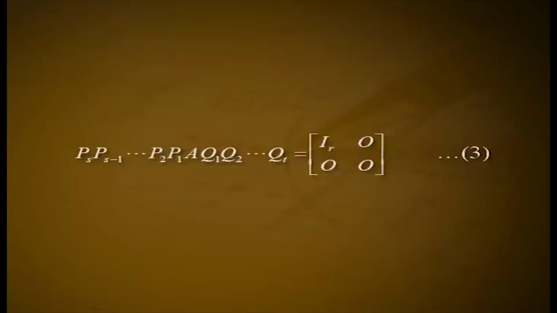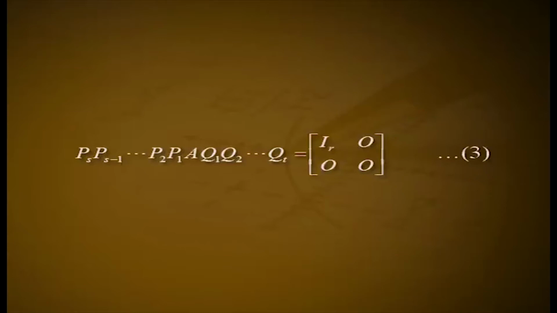Note that s need not be equal to t. Then Ps, Ps minus 1, etc., P2, P1, A, Q1, Q2, etc., Qt is equal to matrix Ir 0 0 0.